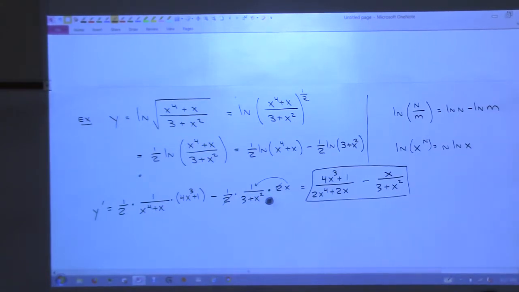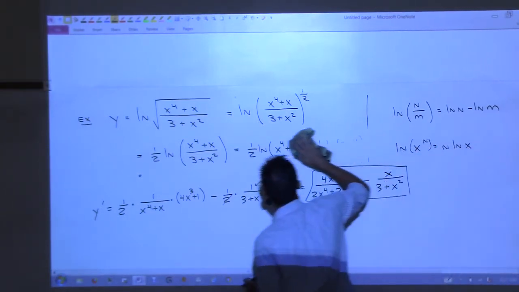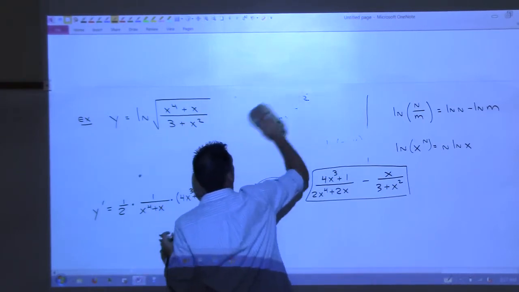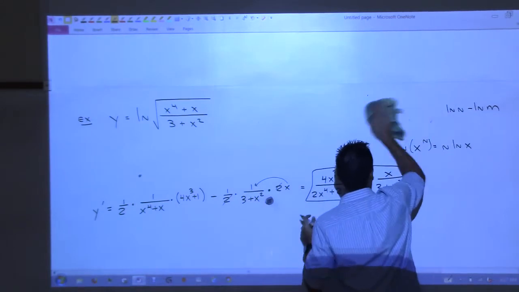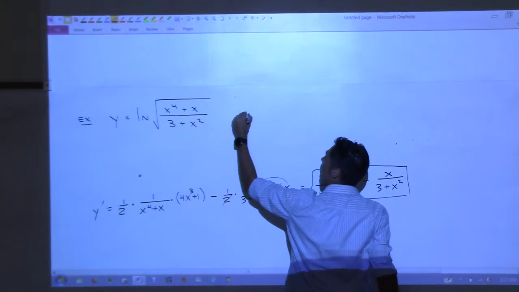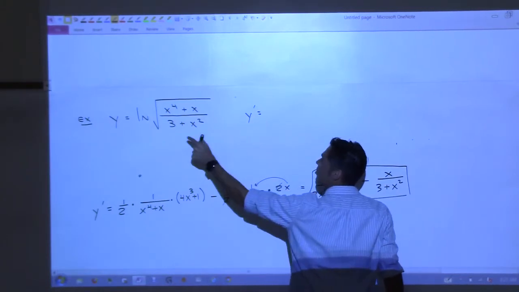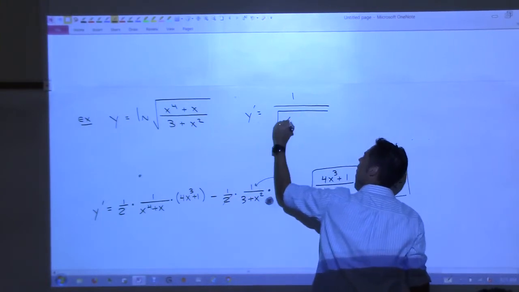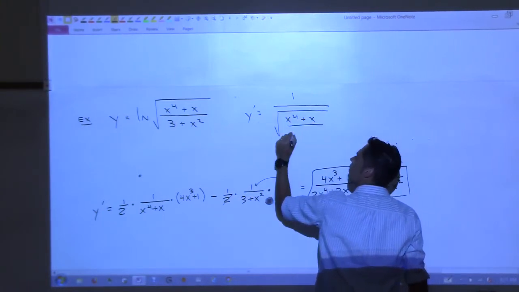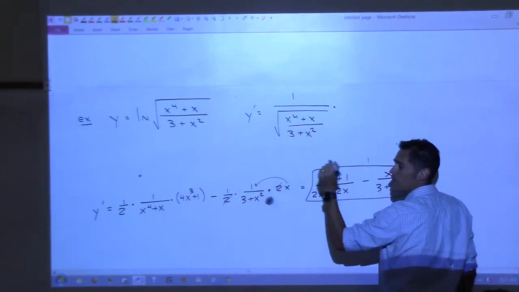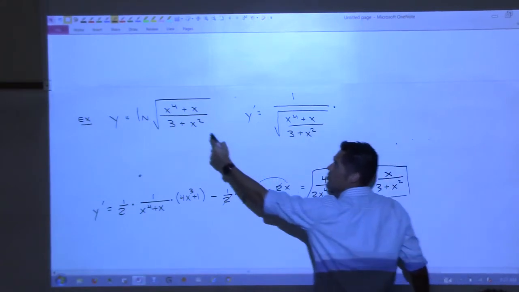And that's pretty clean, wouldn't you agree? I just want to show you, just so you can see it, if we had not done the algebra, what the appropriate derivative would have looked like. Just what it would have looked like if I did not use those properties. y prime would have been, well, derivative of natural log of something is 1 over that something, times the derivative of the something, which is a root.